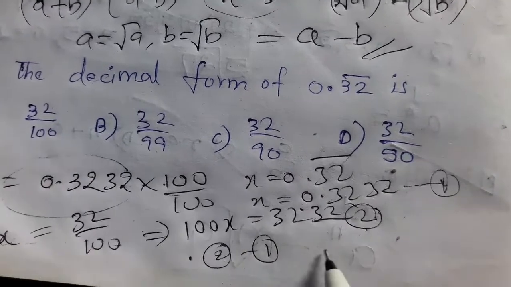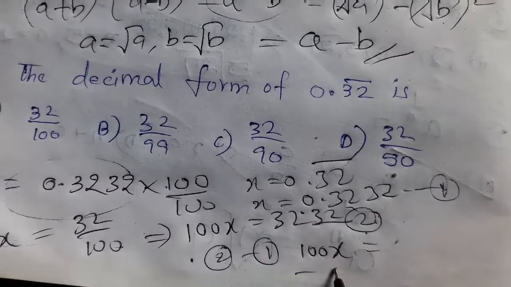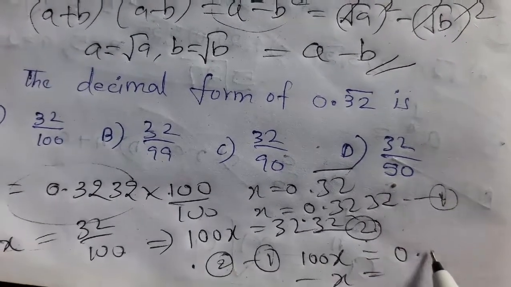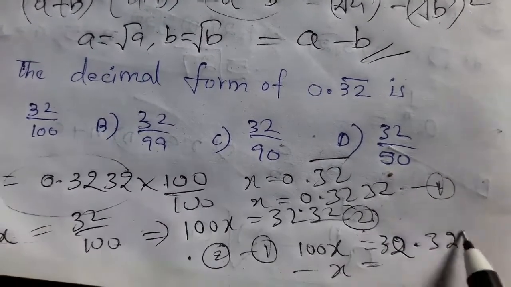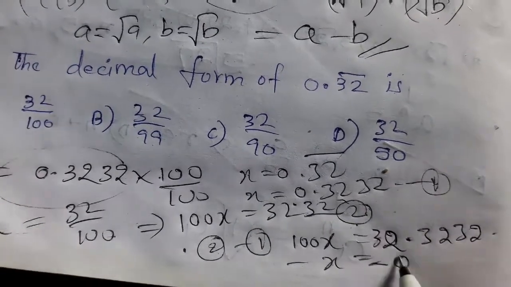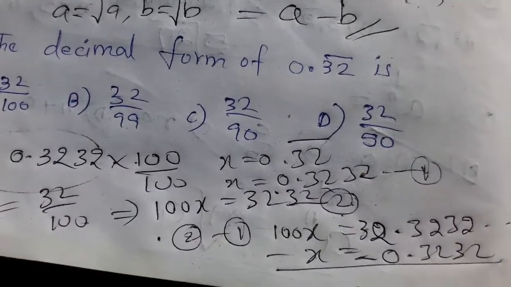That means 100x minus x on this side, and 32.3232 and so on minus 0.3232 and so on on the other side.